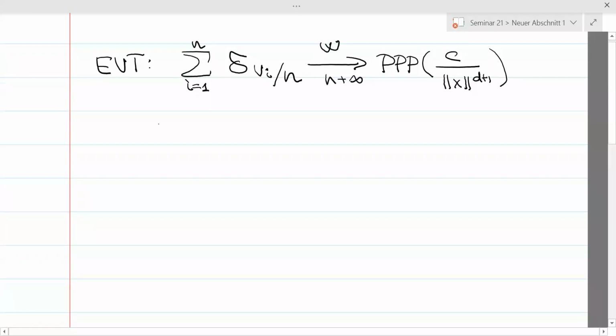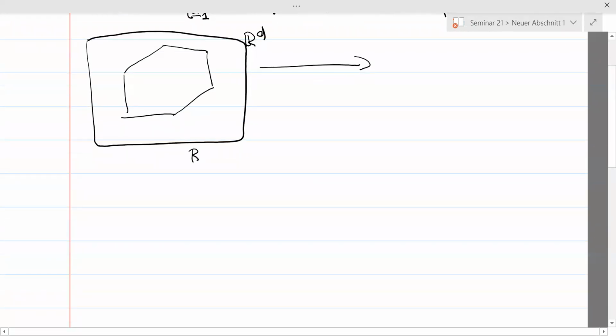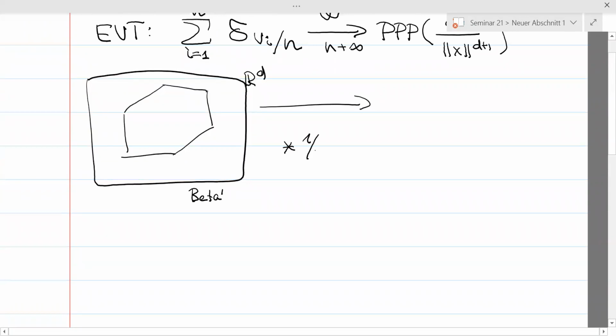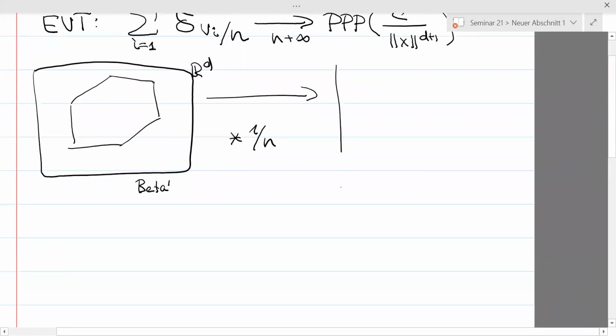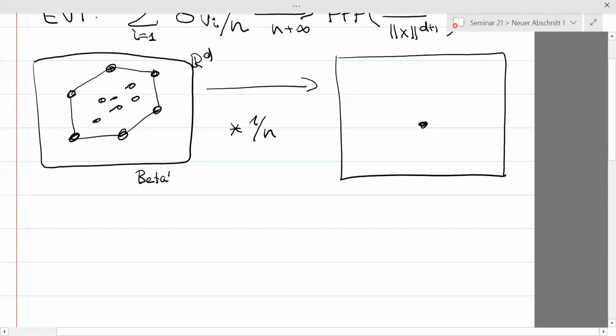So if we take this beta prime polytope, we are in R^d here, and we divide it by n, then at least the point process of the points which generated it converges to a Poisson process with this intensity.